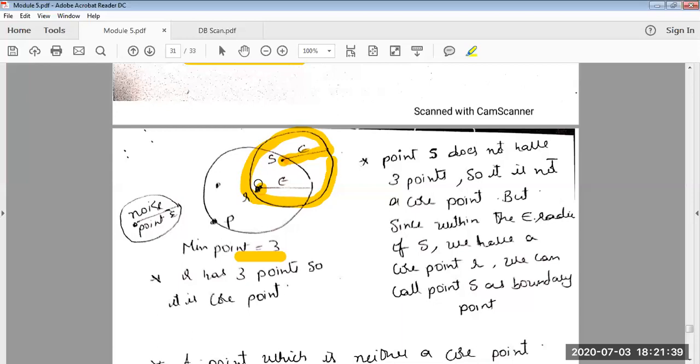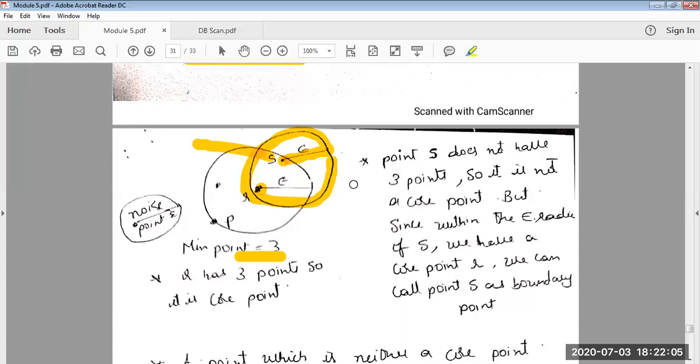So this example specifically matches the definition for S, meaning that the circle with point S in the center has a point R, and we know R is a core point. So now I can declare point S as a boundary point. It qualifies as a boundary point.